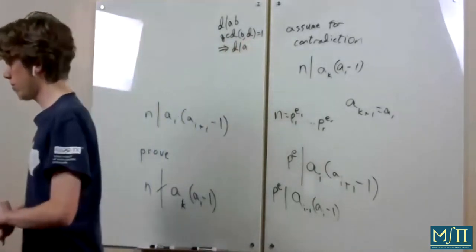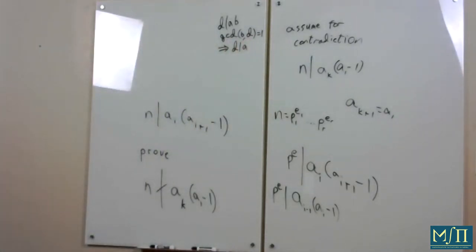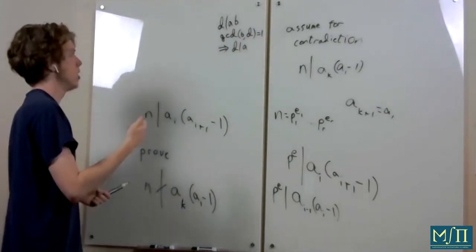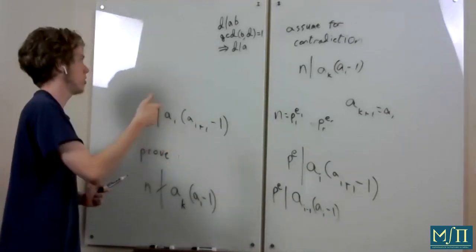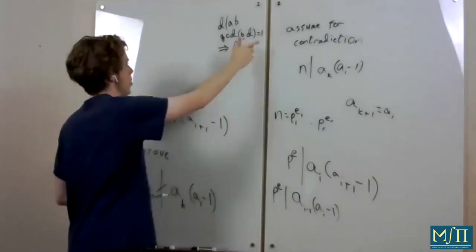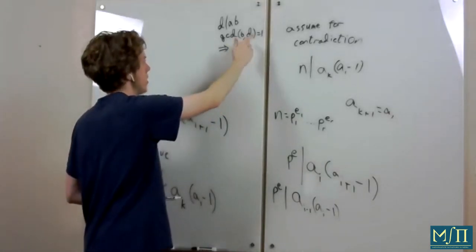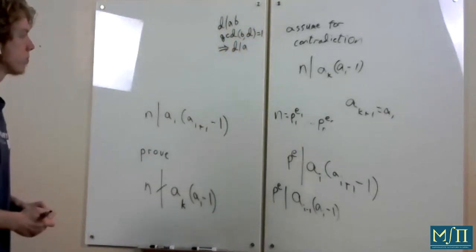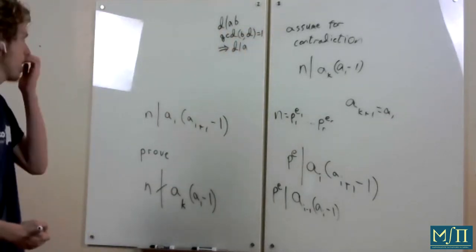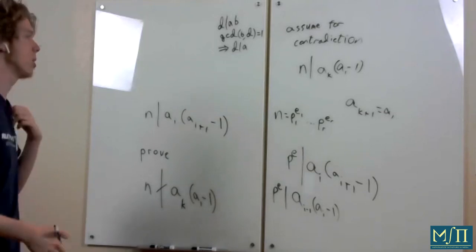You can see this by thinking about their prime factorizations again. d and b don't have any common prime factors, so for any prime factor dividing d, the exponent to which it divides ab is the same as the exponent to which it divides a, because b doesn't have any factors of it, and so you get the conclusion.